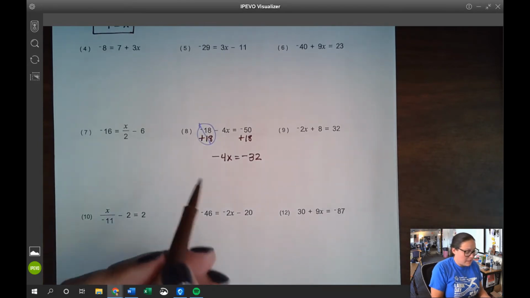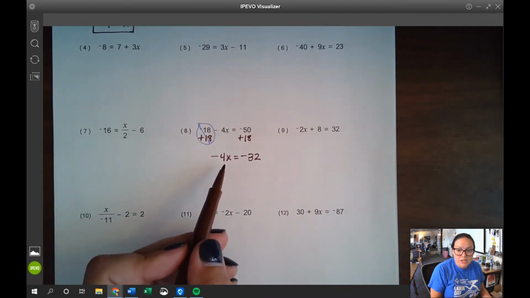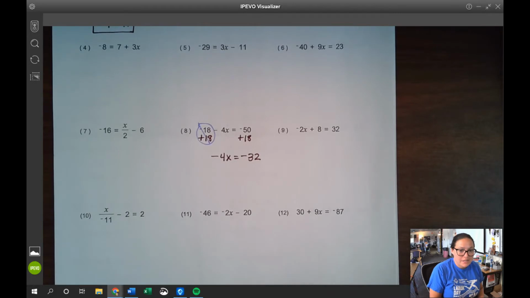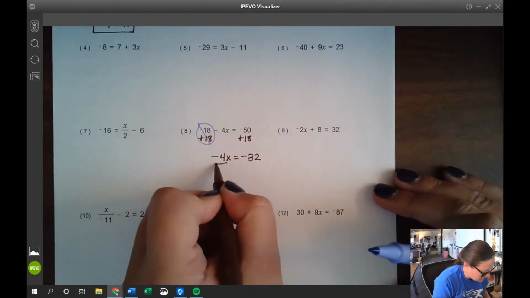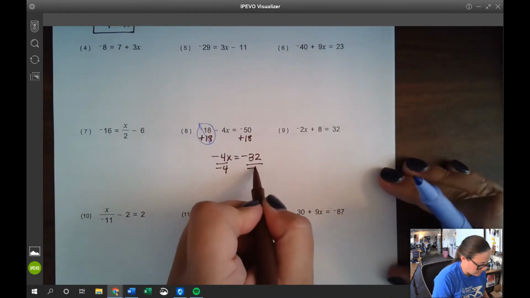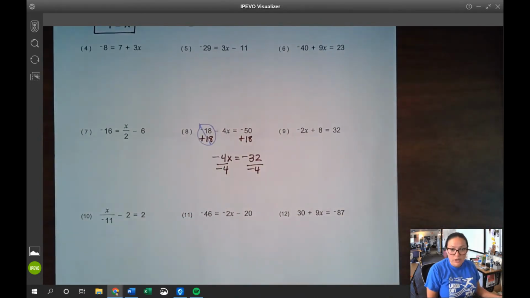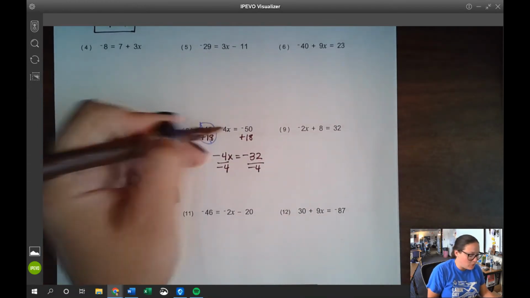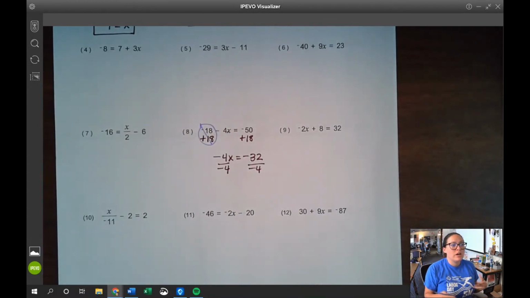And now I have to undo the multiplication. So to undo the multiplication, I am going to divide by negative 4. I'm not adding 4 because this is being multiplied to x. We have to undo whatever it's doing to x.